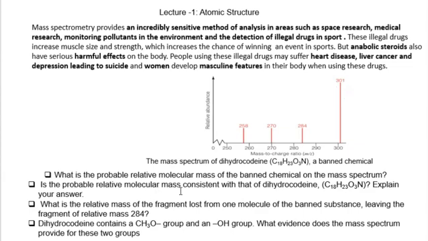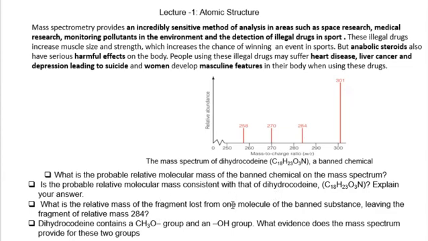Is the probable relative molecular mass consistent with that? Yes, it is consistent, because if we calculate the molecular mass of this one, we see that it is 301. What is the relative mass of the fragment lost from the molecule of the banned substance, leaving a fragment of relative mass 284? We said that during the process, the molecule may fragment into other pieces. So we can see here a peak at 284.